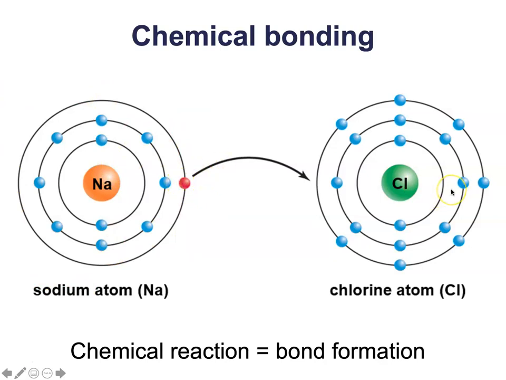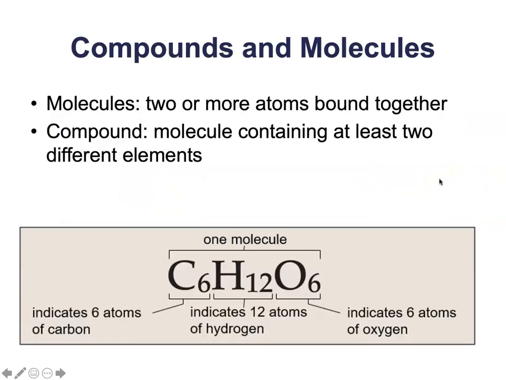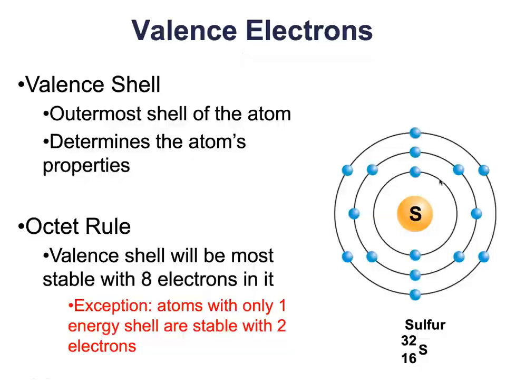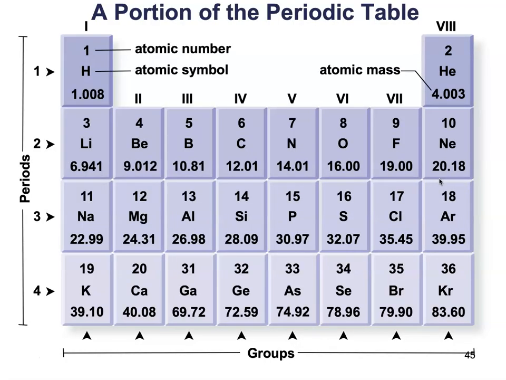So we're going to go over to chlorine, and take a moment to look at this chlorine atom. Backing up just a moment to the periodic table, chlorine has an atomic number of 17, and an atomic mass of 35.